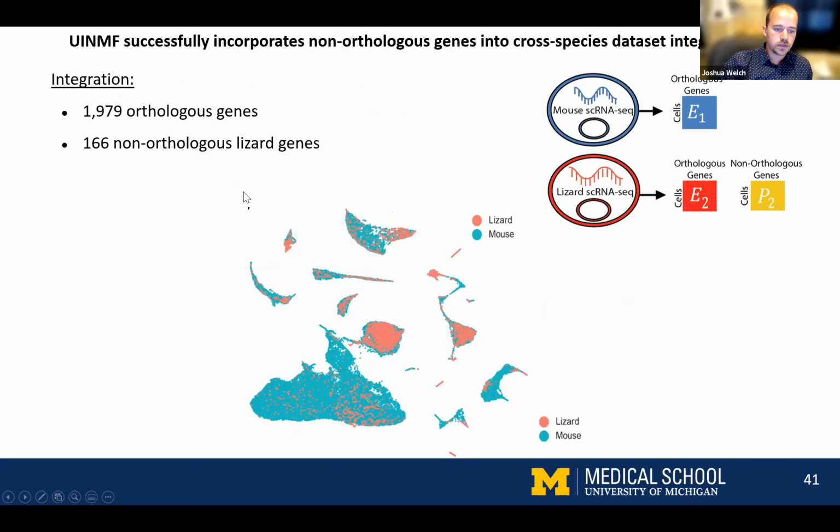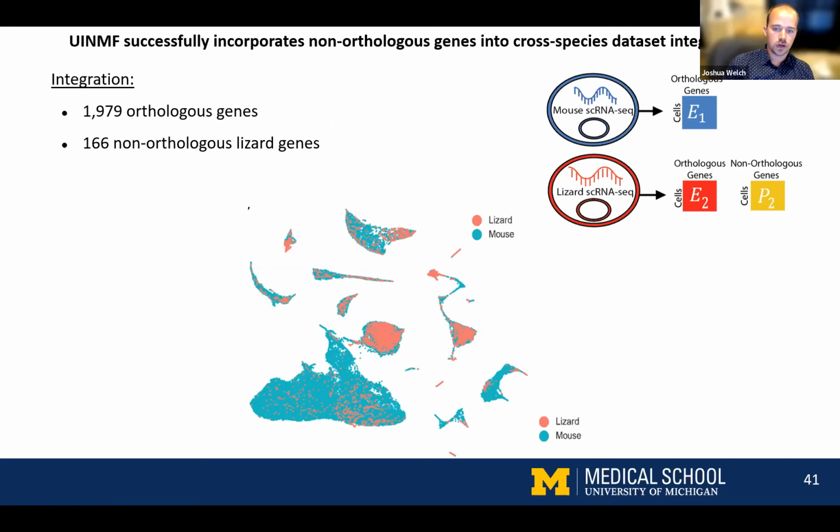So for our first demonstration of how UINMF can be useful for this, we took a nice published data set from the mouse cortex and the lizard pallidum. And mouse and lizard are sufficiently distant that they don't have exactly the same type of corresponding brain anatomy, but the pallidum is roughly similar to the mouse cortex, and so we should expect that there would be some similar cell types between those two samples.